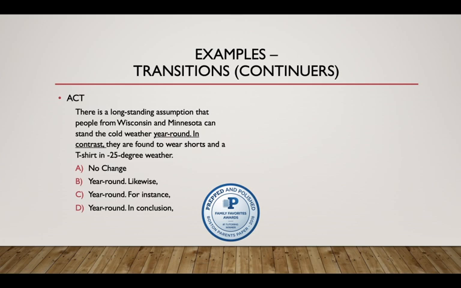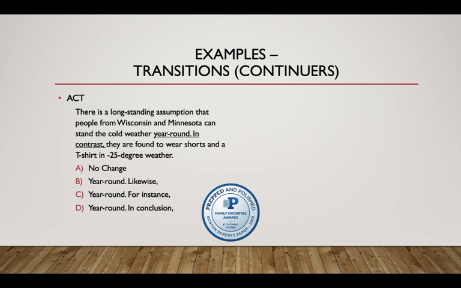So if we're looking at this, I notice that I have year-round, period, in all my answer choices. Okay, what about the next word? Aha, we have a couple of differences. We have in contrast, likewise, for instance, and in conclusion.